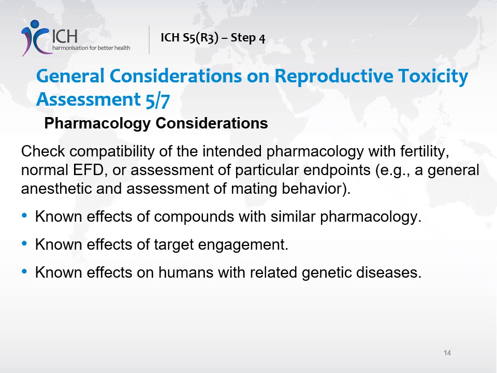For example, it would be appropriate to modify the design of a PPND study for a pharmaceutical developed to prevent preterm labor, if the intended pharmacologic effects are incompatible with the study endpoints. Testing for a particular reproductive endpoint is not warranted with justification.